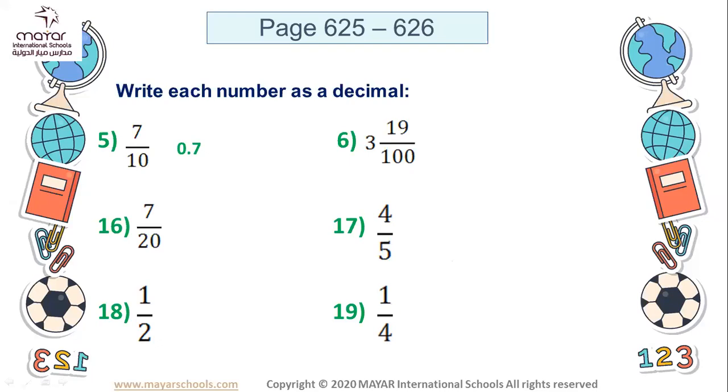We put the 3 and 3.19. Thank you. Farah Asfour, can you do 16? 3.19. No, we do it. Now 7 out of 20.